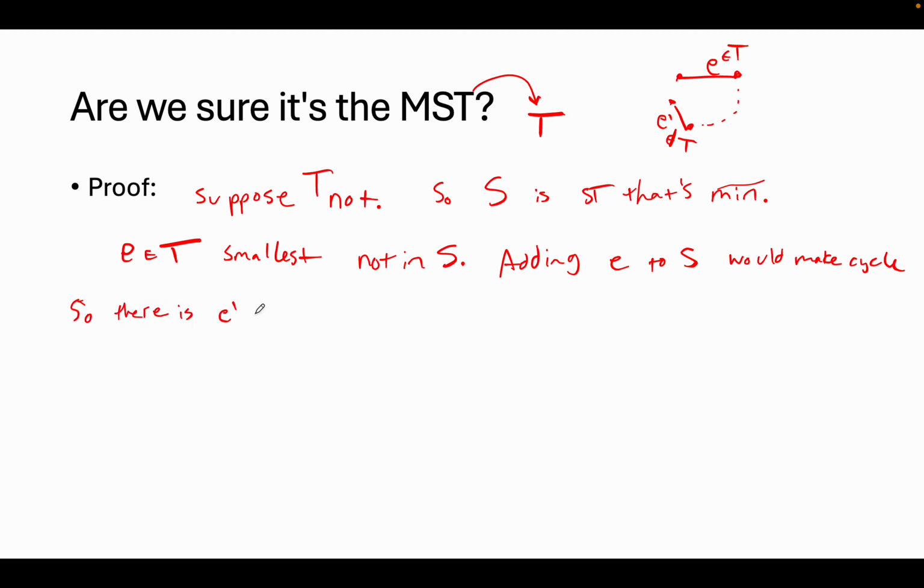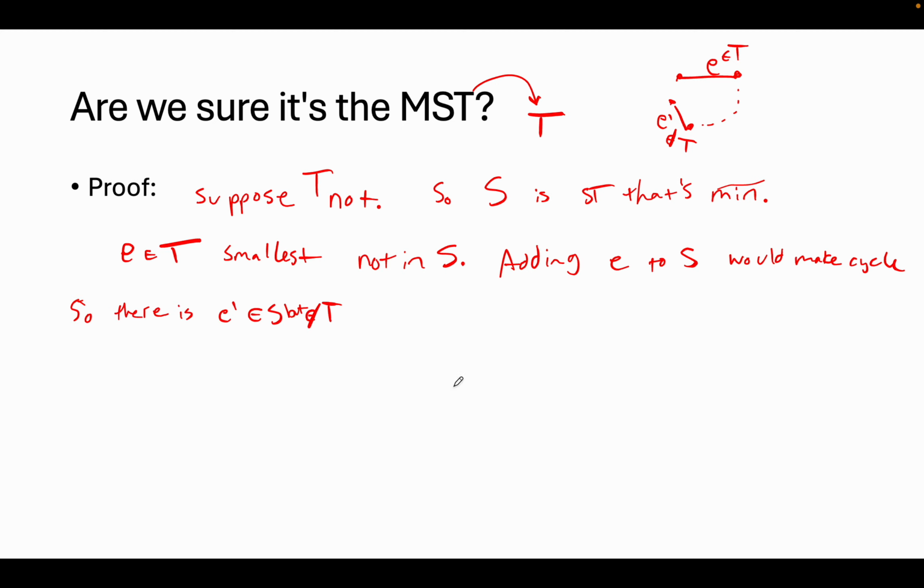So there's some edge E prime that is in S but not in T. So the next step in the book is, since this cycle must contain an edge E prime not contained in T, the subgraph obtained from S on replacing E prime by E is also a spanning tree.